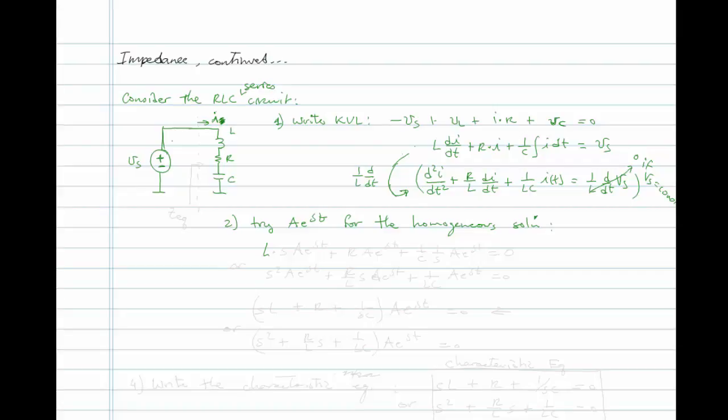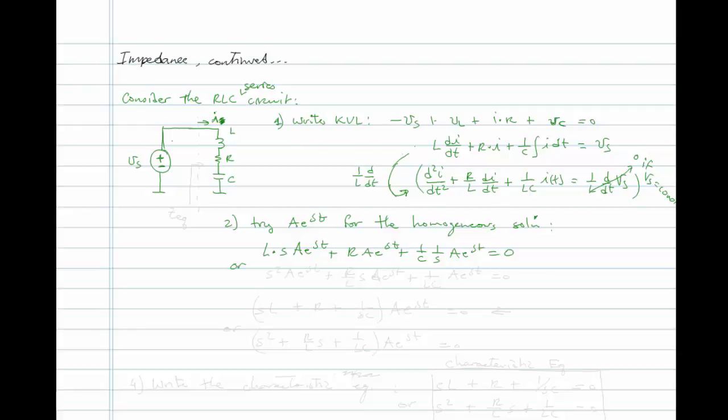I'll have L times the first derivative of current, which is S A e to the st, plus R A e to the st, plus 1 over C, the integral of A e to the st, which is 1 over S times A e to the st, equal to 0. Homogeneous solution here.